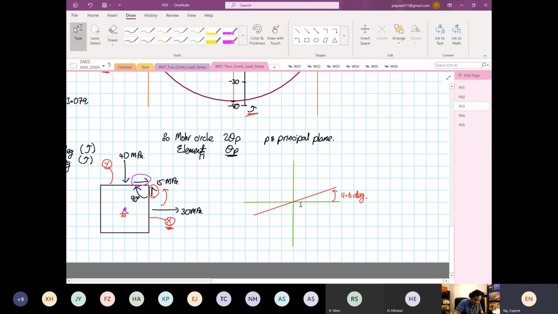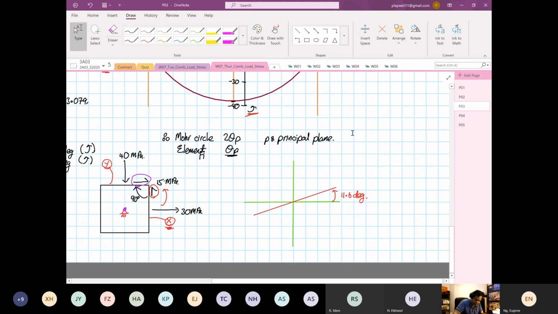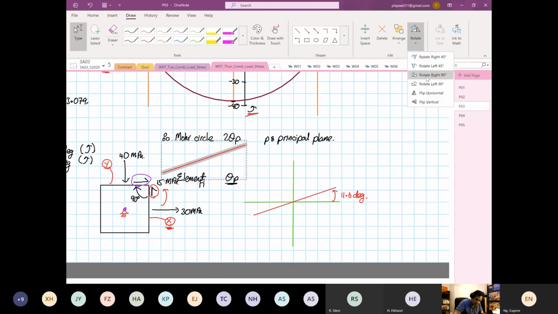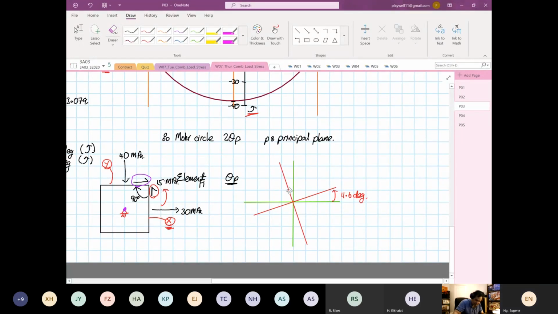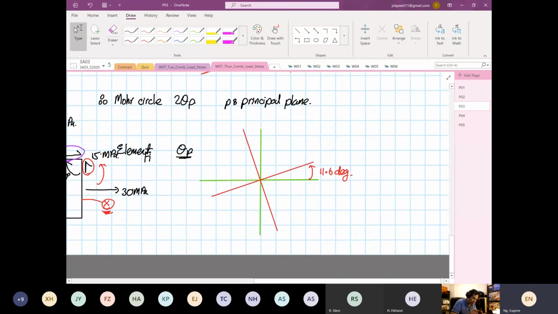Okay, so you will have, then I'm going to rotate 90 degrees. Okay. So you will have this now. Right? So now I'm going to draw our element, tilted by 11.6 degrees. So our element now will look like this.